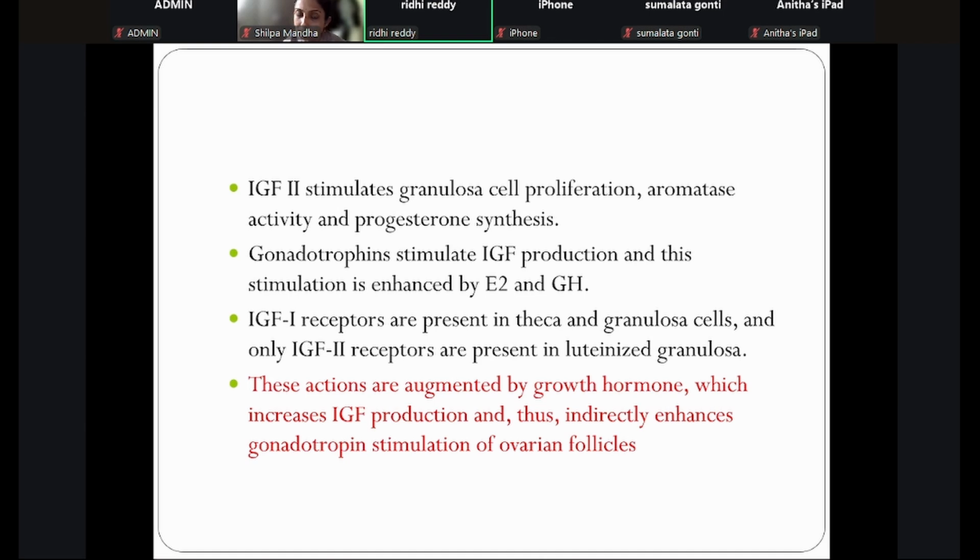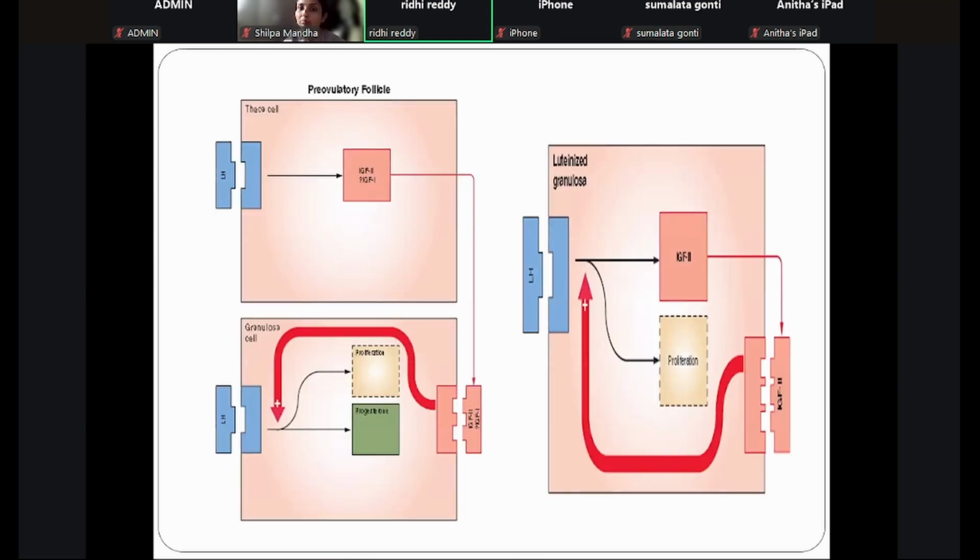IGF-1 receptors are present in theca and granulosa cells. These actions are augmented by growth hormone, which increases IGF production and thus indirectly enhances the gonadotropin stimulation of ovarian follicles. As we can see, there is IGF-2 production in the granulosa cells.